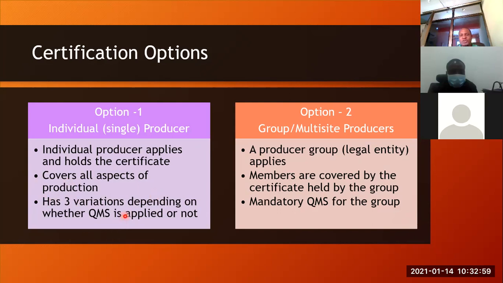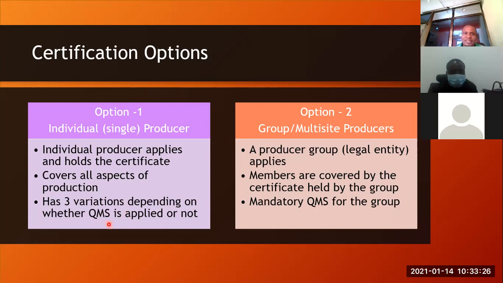Now, you have some individual producers that have multiple sites. So, for example, LATC can have, possibly in the future, another production site, let's say in Lagos or in a different state. LATC can have about 3 or 4 production sites in Nigeria.